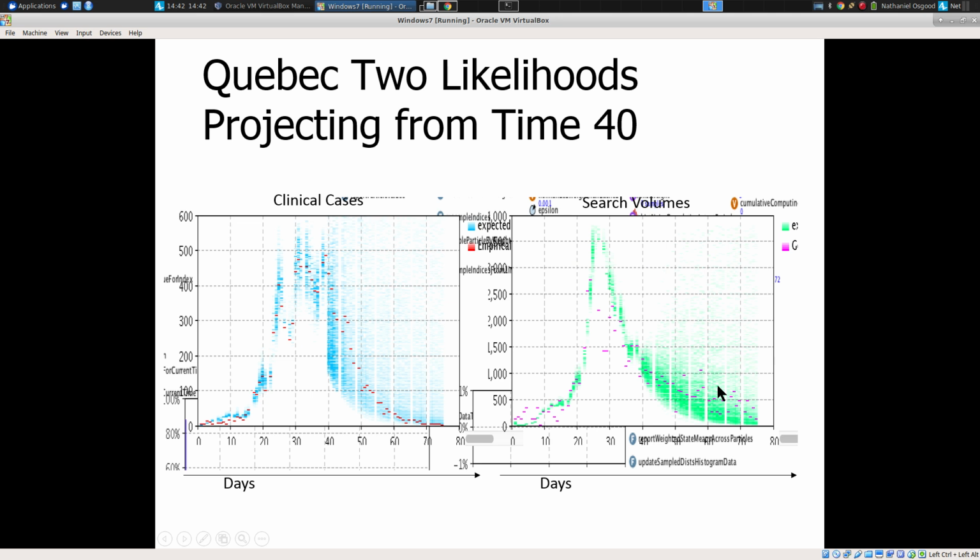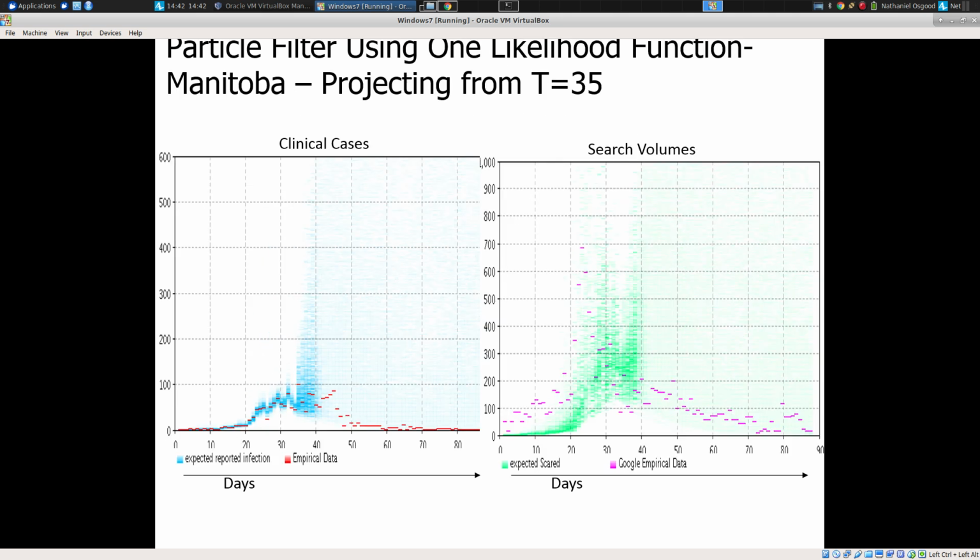Now, this is actually not the very latest results. The latest results were shown in Anahita's results, so I realized I need to update these. But similarly for Manitoba, if we only use clinical case data, only one likelihood function, all we have is data till 35, that's right about here, we quickly become uncertain as to how many clinical cases there'll be.